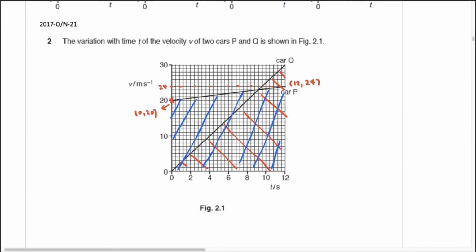So car P, here to here. Okay, I do the calculation here. By right, we are supposed to do it down there, but to make it more convenient to refer to the graph, we do it here. So car P, distance is area under the graph, which is 1 over 2 times the sum of the parallel sides, 20 plus 24, multiplied with the height, here to here, 12.